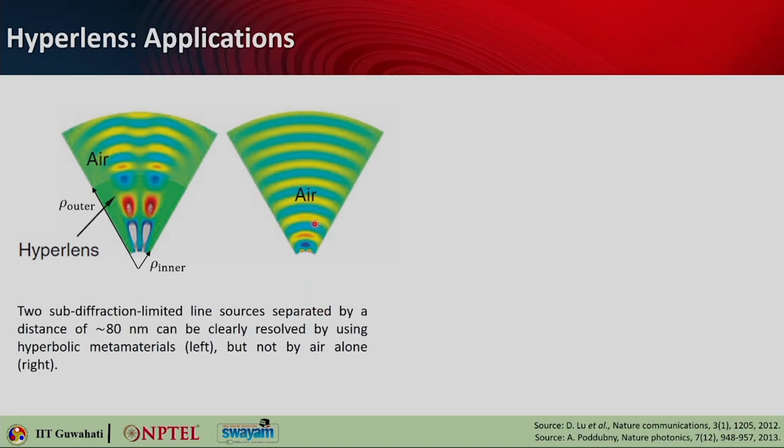You see, if you simply have air and there are two objects which are separated by 80 nanometer, these are sub diffraction limited line sources, and here you are able to do far field imaging, but you cannot resolve them. You cannot say that there are two sources; you think there is only one source.